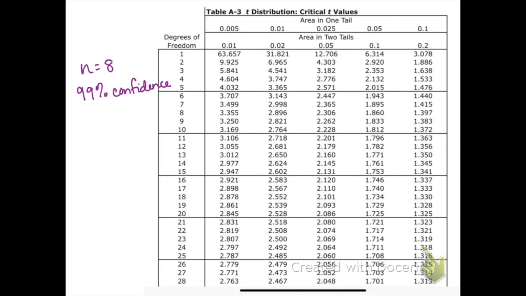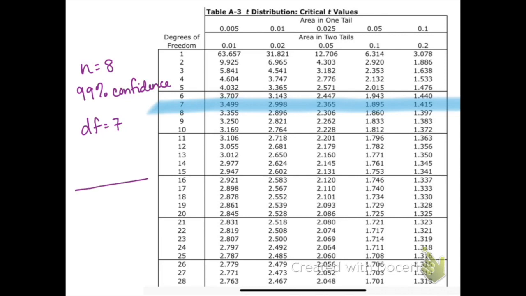Let's do another example with a sample size of 8. That tells us that our degrees of freedom would be equal to 7. And so we're going to look at the row with 7 degrees of freedom, and we choose the number in that row that corresponds with 99% confidence.